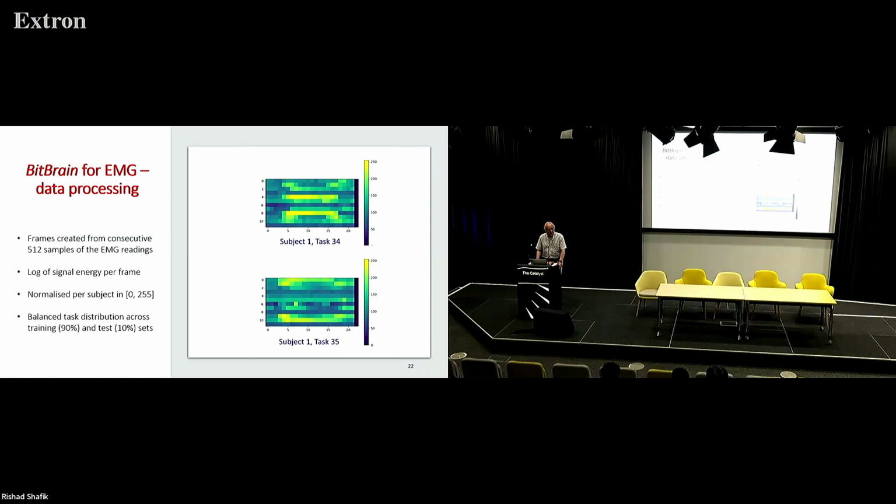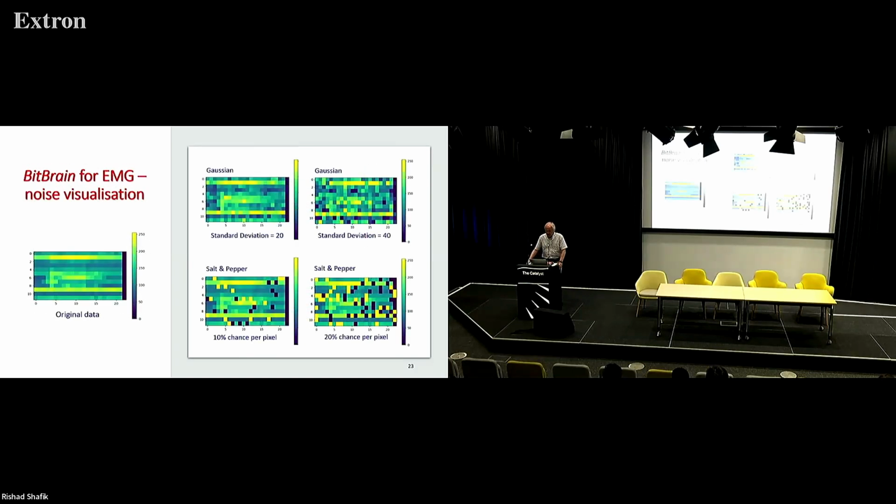And again, because we're interested in the robustness against noise, this is what noise looks like as it's added in the tests that follow. So the original data set is shown on the left here, and we use two different forms of noise. The Gaussian noise with two different standard deviations is shown at the top on the right. And again, the standard deviation here is integer numeric, so we're on the scale 0 to 255.